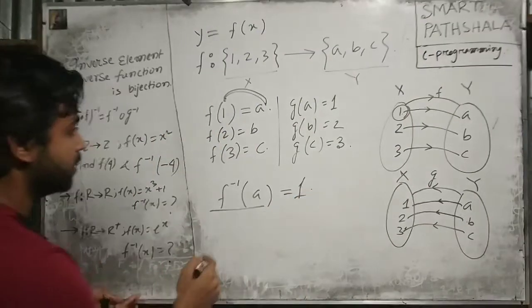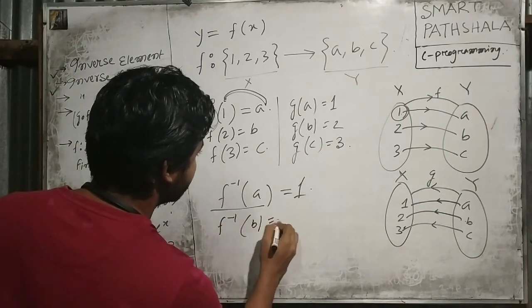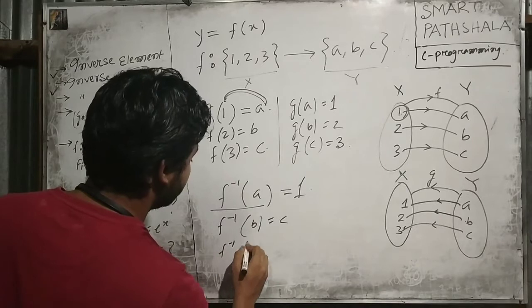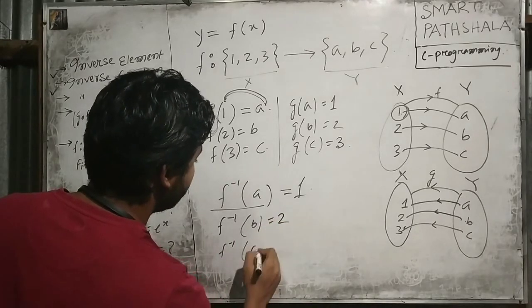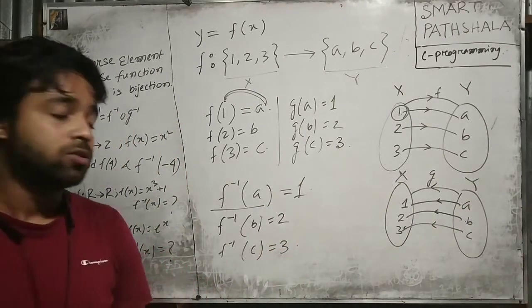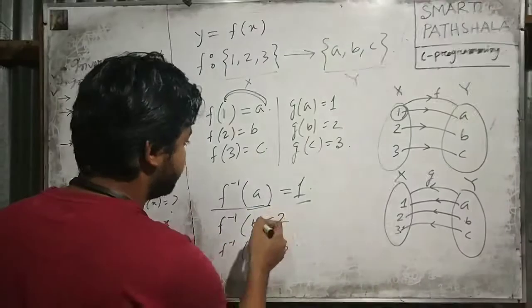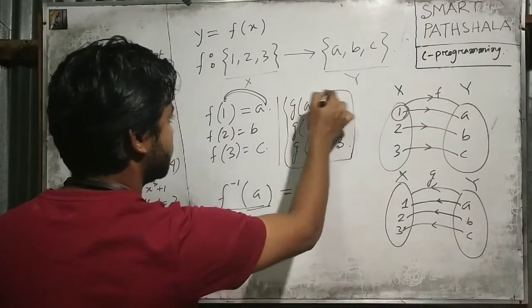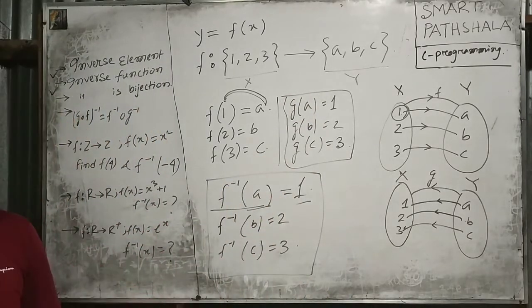In this way, you can write f inverse of B is equal to 2, f inverse of C is equal to 3. So we can see that the images and the pre-images of the function g and the function f inverse are similar.